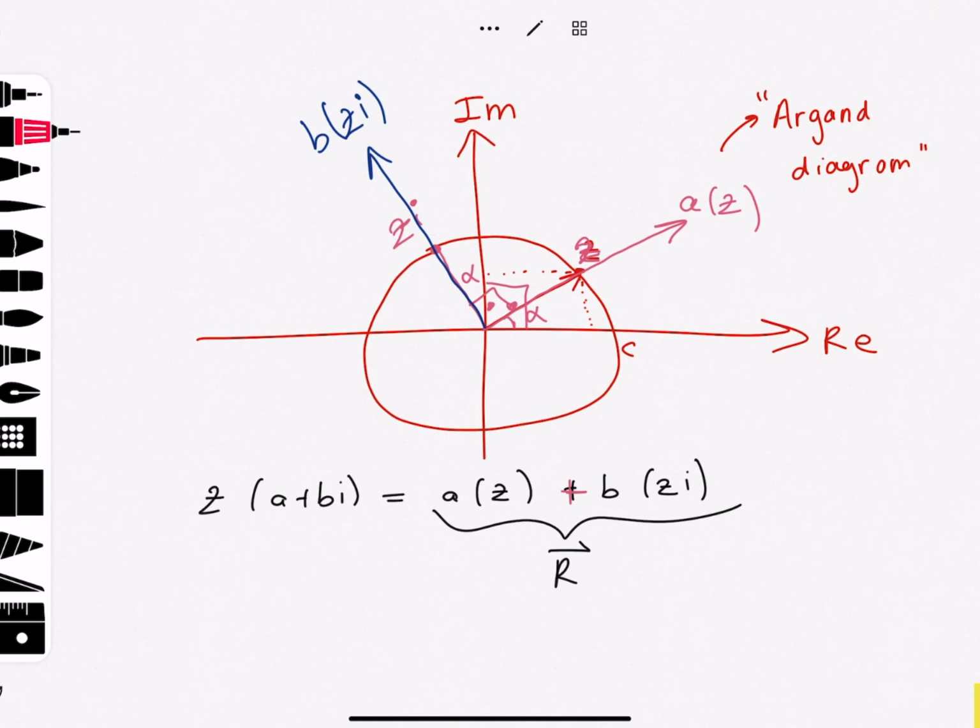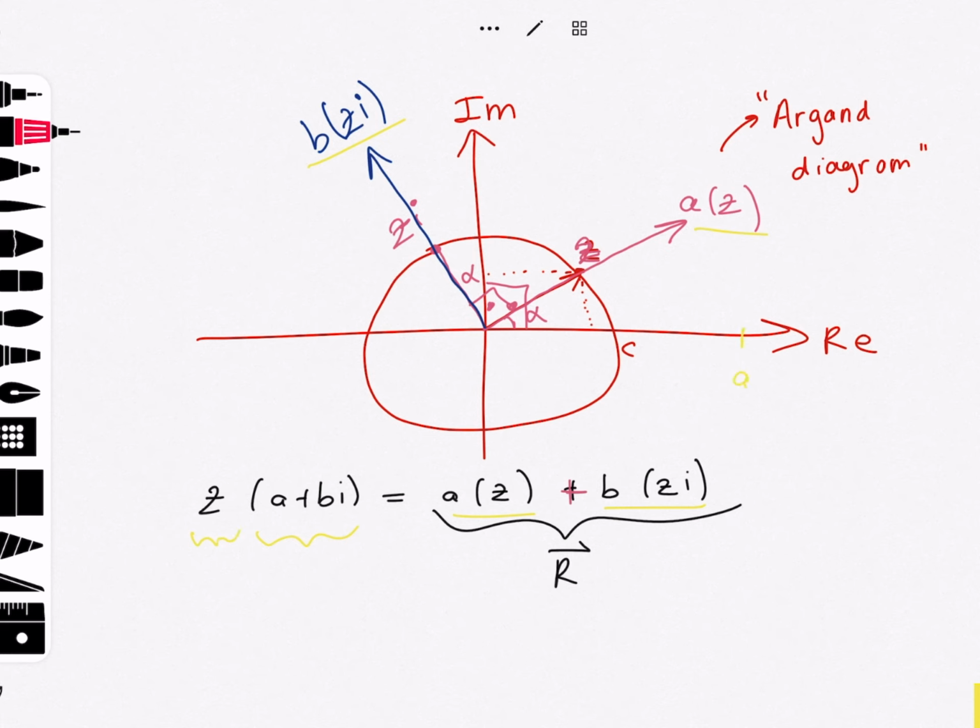Now we must add up a times z and b times zi. Complex number addition is the same as vector addition, and the vector analogy I'm using here is working because of this, and I hope it will help to better understand the angle addition property that we are getting closer to showing. At this point, I would like to draw the vector a plus bi, just so we can see what we are multiplying z with.